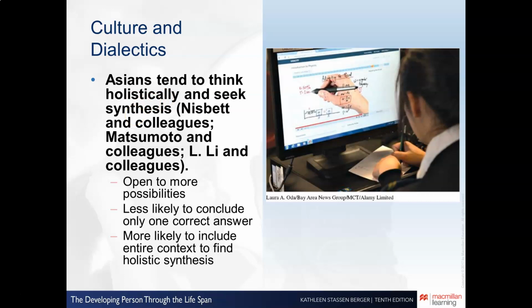Remember, they come from what's known as a collectivistic culture, as kind of the opposite of Western culture, where we are known as more individualistic. It doesn't mean one is necessarily better than the other. It's just something to be aware of, okay?